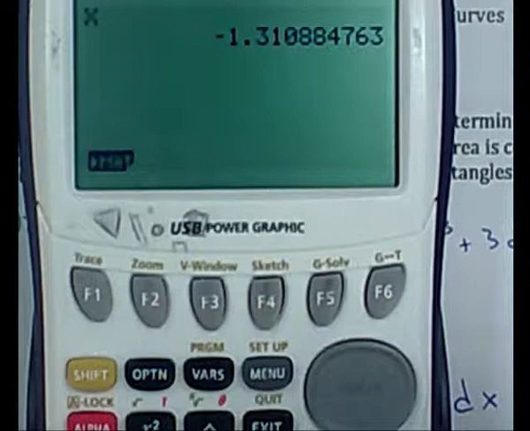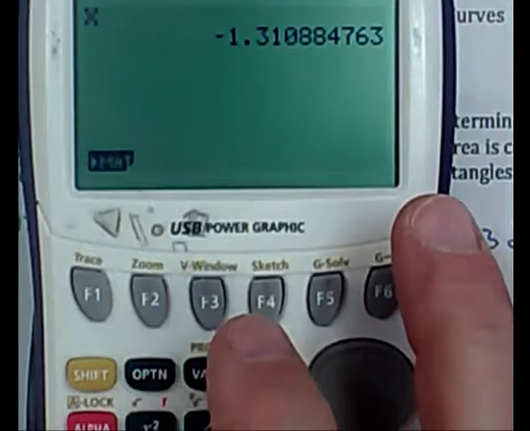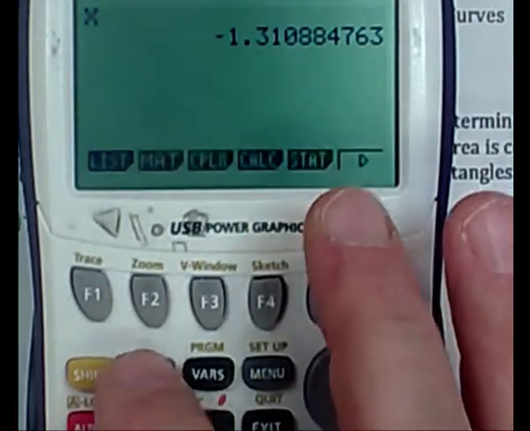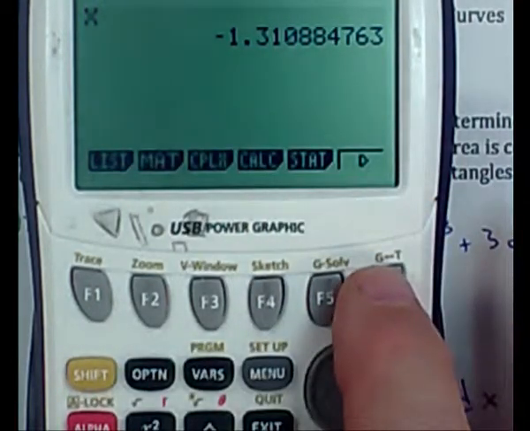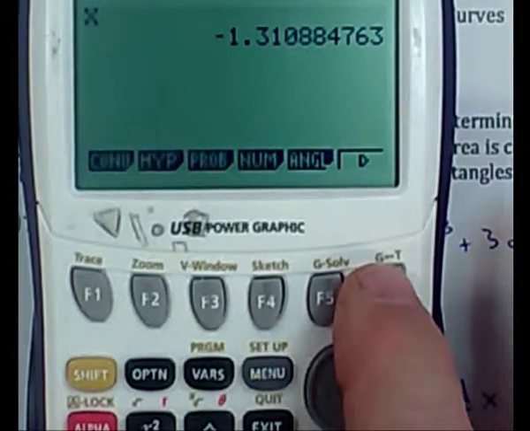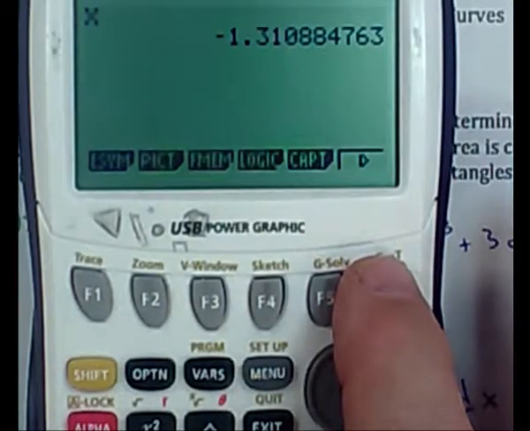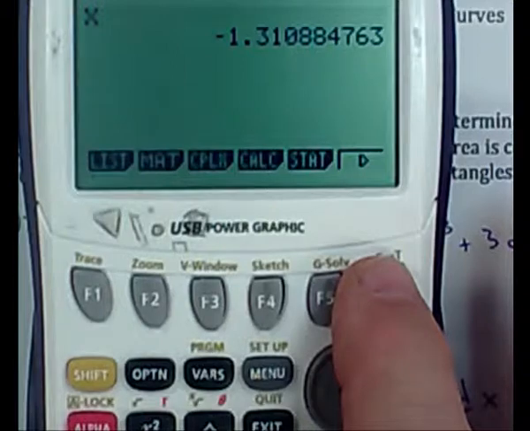Where's the store button? I think you do have a store button. Would it be under options? Could it be shift capture? Yeah, capture memory.